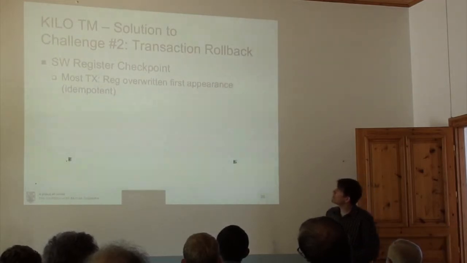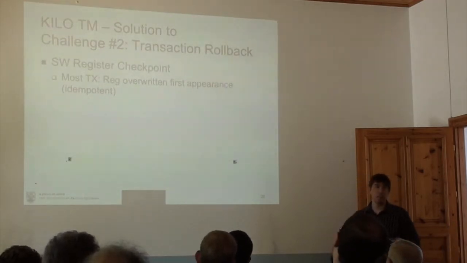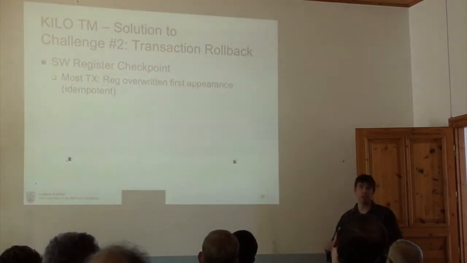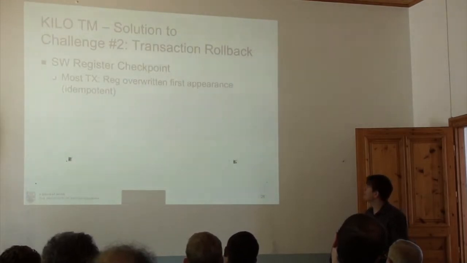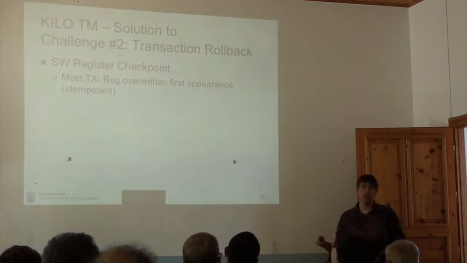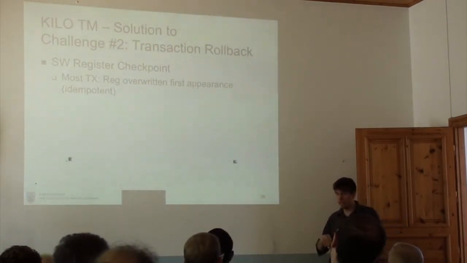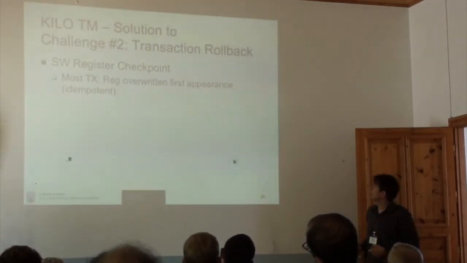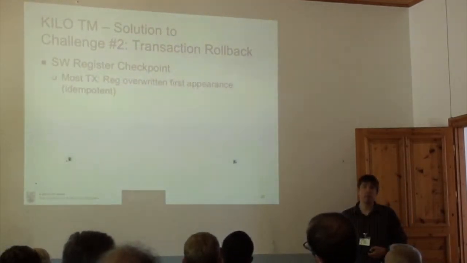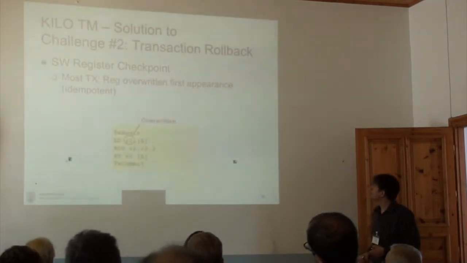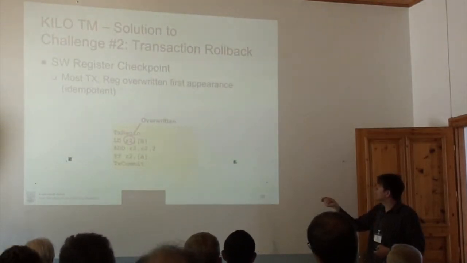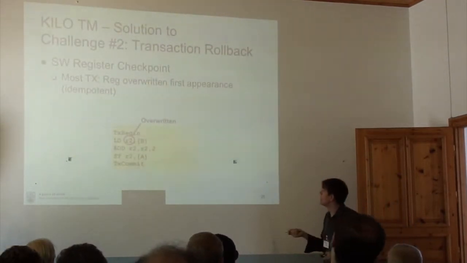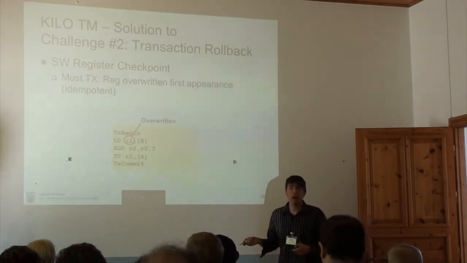For the type of transactions that we're looking at, in high performance computing, things that would run fast on a GPU but also benefit from transactional memory, you really want smaller transactions. A lot of people in the CPU world are looking at really large transactions. For these smaller transactions, most of the time you overwrite a register before you use it. For example here, register 2, the first thing you do inside the transaction is write it, you overwrite it.